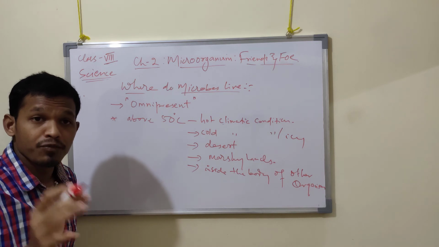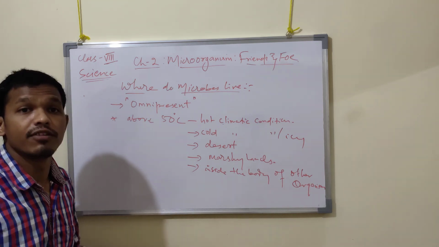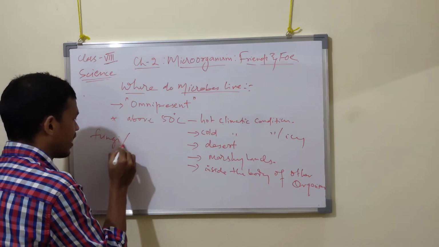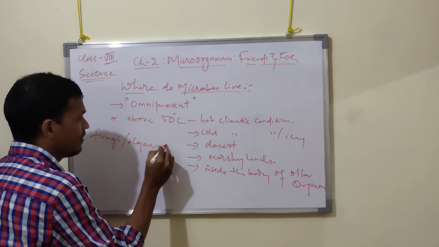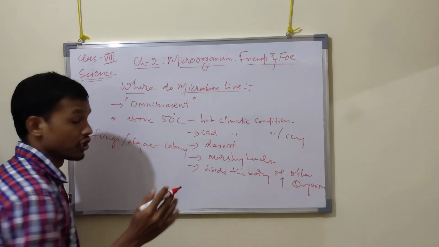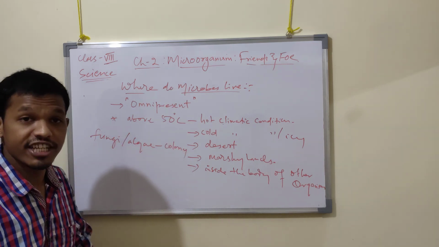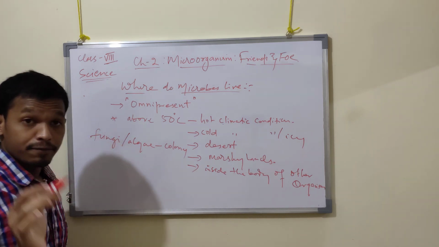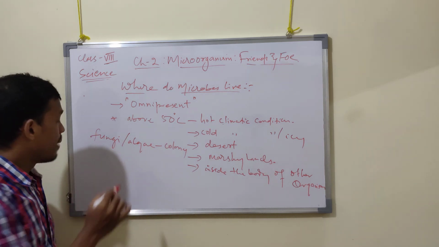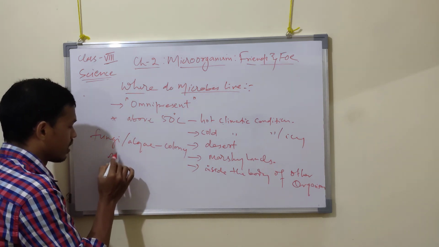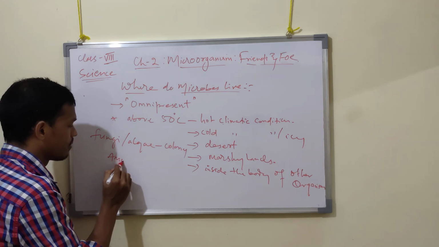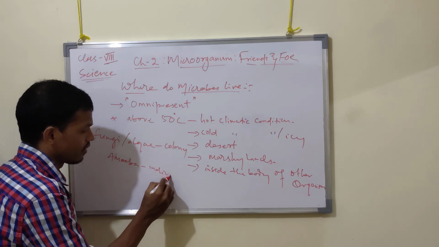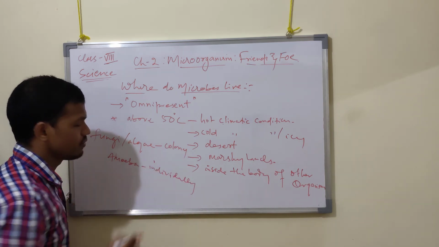Some microorganisms live individually, and some live as a colony, like fungi and algae. They live in a group and share food with each other. Amoeba, which you already know, lives individually.